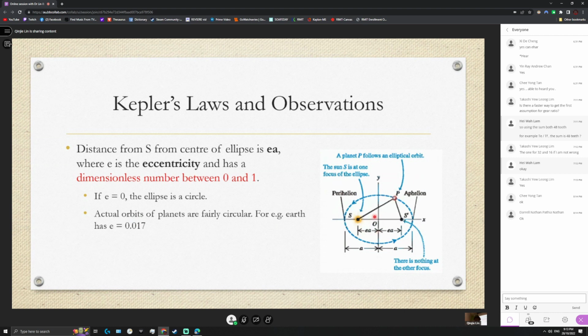It's almost equal to 0. So if you draw an ellipse, the sun is almost around here, because E is very small, such that the whole thing will almost look like a circle.